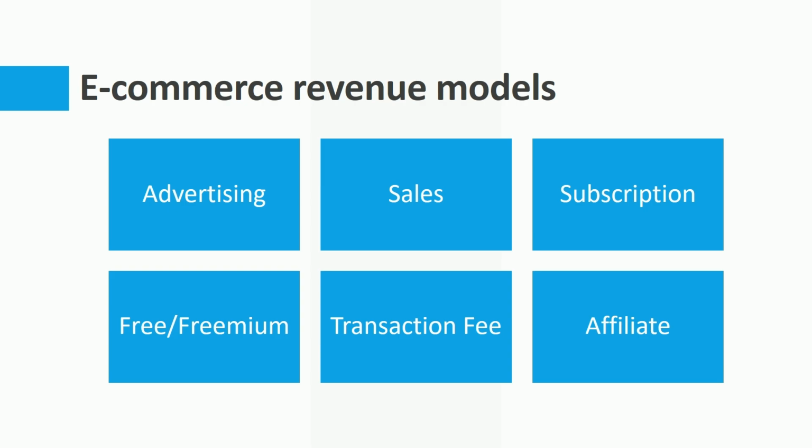So advertising here generates revenue by displaying ads to a large online audience, with companies like Google and Facebook leading the way. The sales revenue comes from selling goods, services, or information online, with giants like Amazon and iTunes operating under this kind of model.